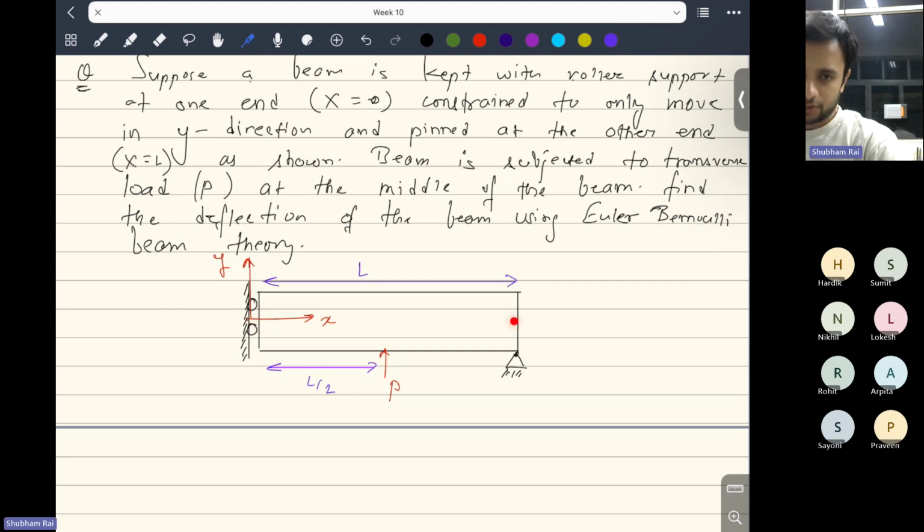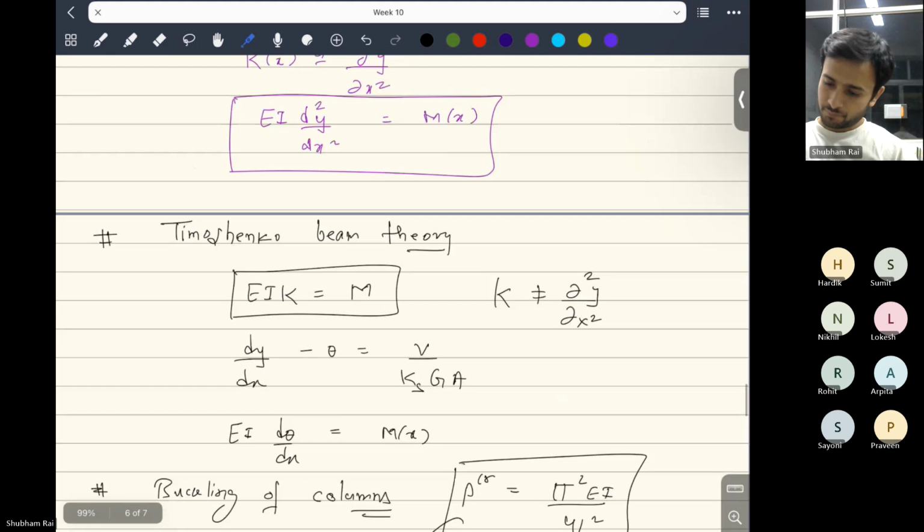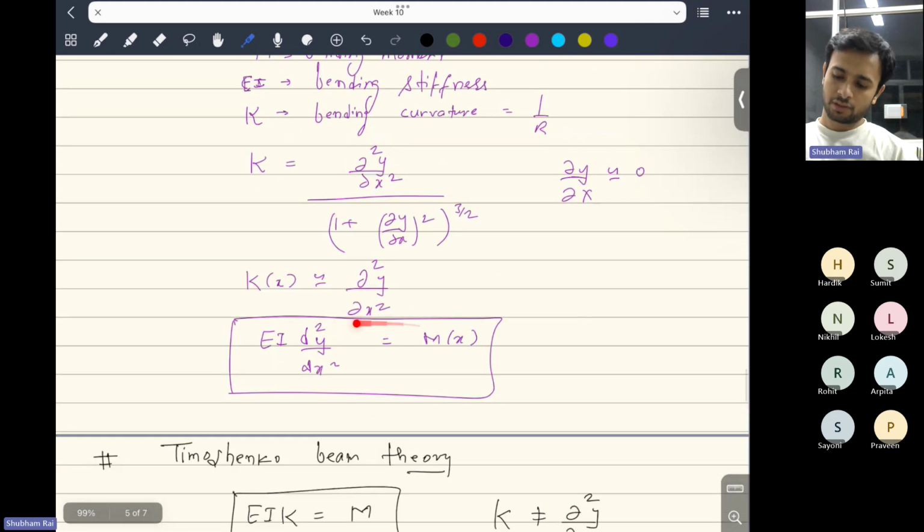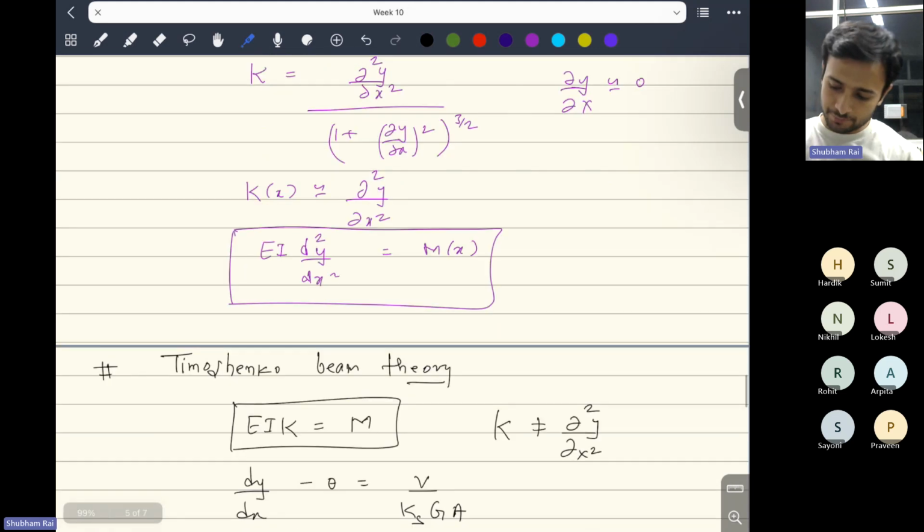And here the deflection of the beam will be 0. And you need two boundary conditions because it is a second order differential equation. The Euler-Bernoulli beam theory has a second order differential equation. So if you integrate it twice, you will get two integration constants. Those two integration constants will get characterized using these two boundary conditions.